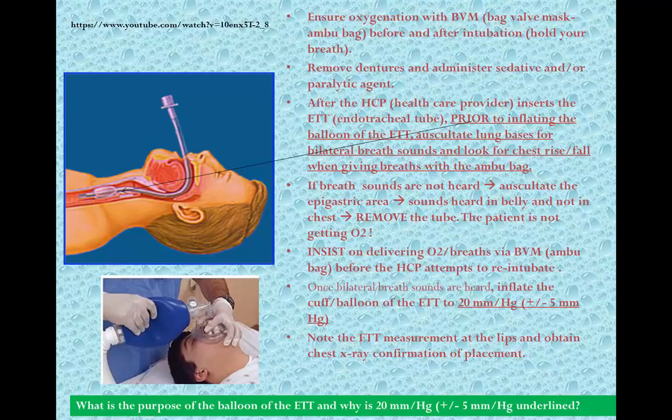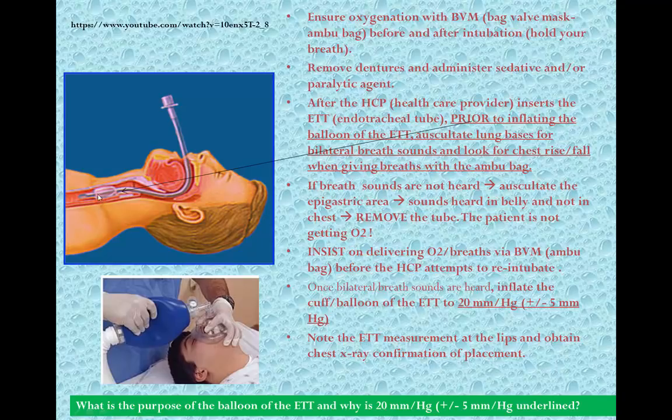The healthcare provider will insert the endotracheal tube. Notice that the endotracheal tube, or you can't really notice because you don't see one without it, has a balloon that is inflated. So before the tube goes in, this balloon is deflated. The healthcare provider, or CRNA, is going to insert this tube.